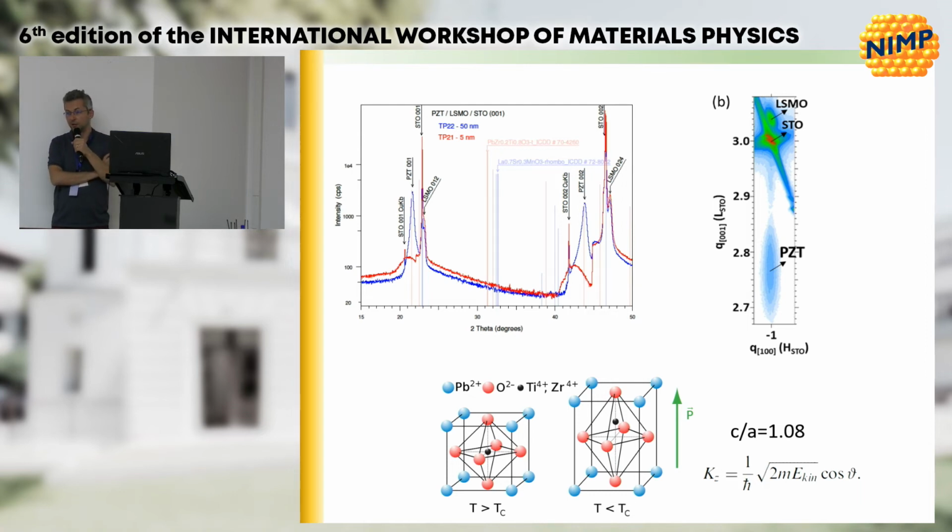At this thickness, on the one hand, we know that it does not develop domains. So when we probe in photoemission, we are sure that we are not mixing up the signal from the domains pointing upwards or downwards.